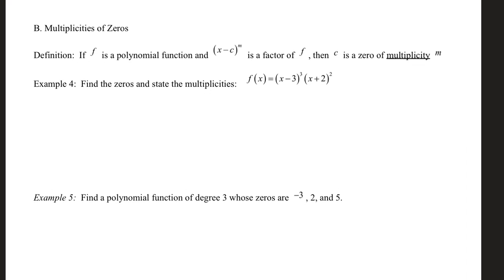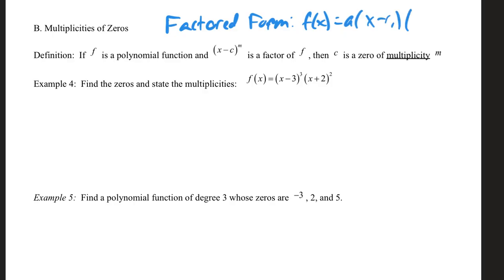Multiplicity of zeros, okay, if you can get a function to its factored form, right? So we have a polynomial in standard form, right? If you write the polynomial in its factored form, just like you did with a quadratic in its factored form, right? So on and so forth, right?